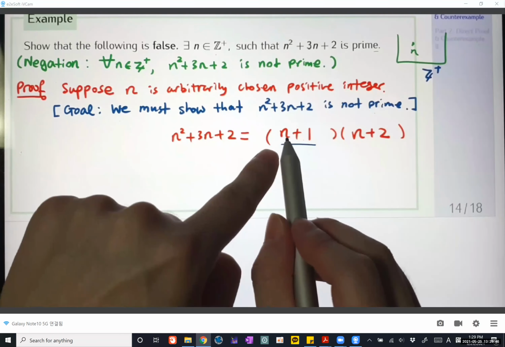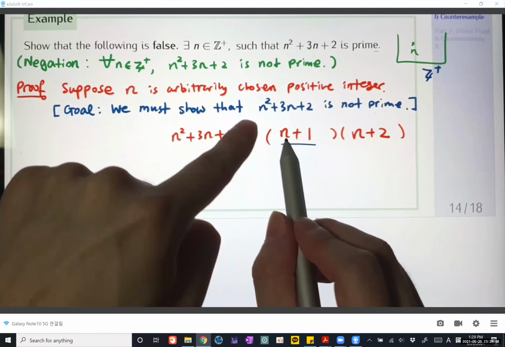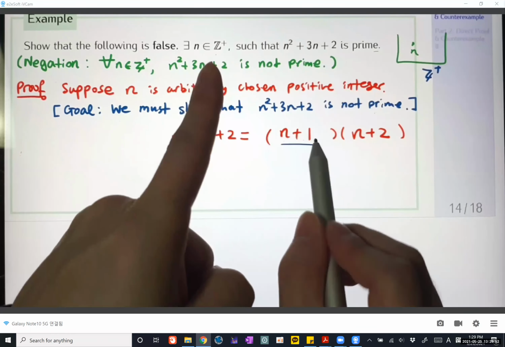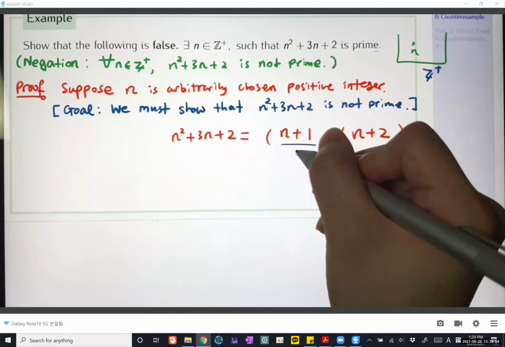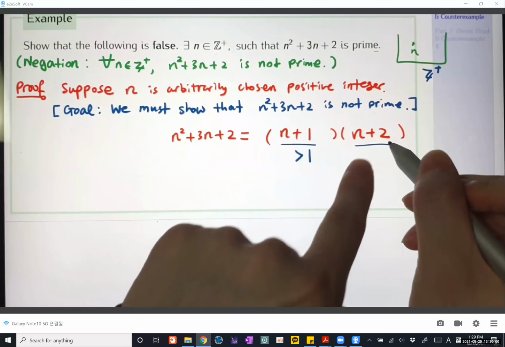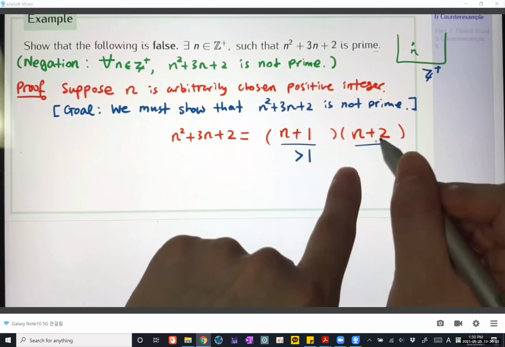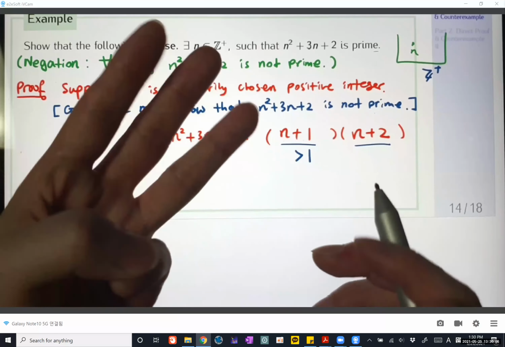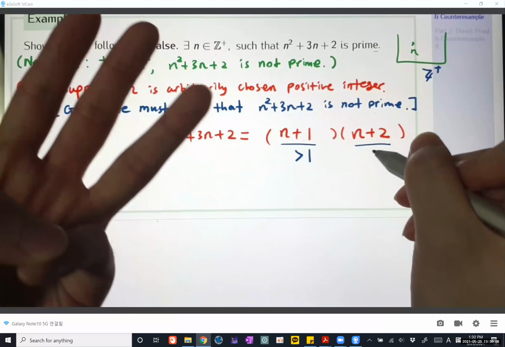So the minimum n you can think of is 1. 1 plus 1 is 2, which is greater than 1. Thank you, Kira. And look at this. This is even better. n plus 2 is 3. I mean, the minimum it can have is 3, which is greater than 1.